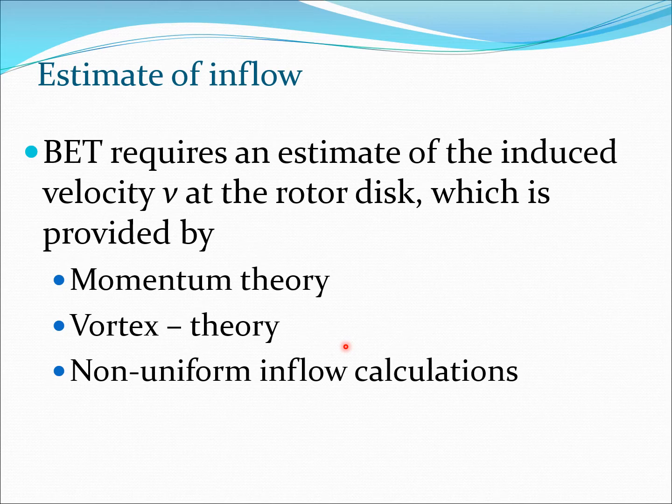In momentum theory, we have assumed lambda is constant across the rotor disk, but there are methods by which we can obtain lambda as a function of r and psi also. Even in those cases, those calculations can be made part of the BET approach.